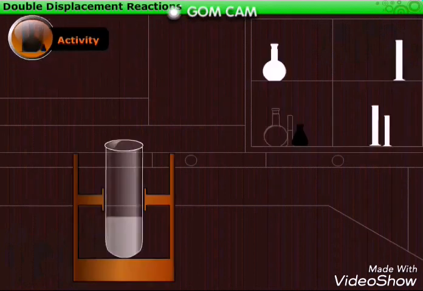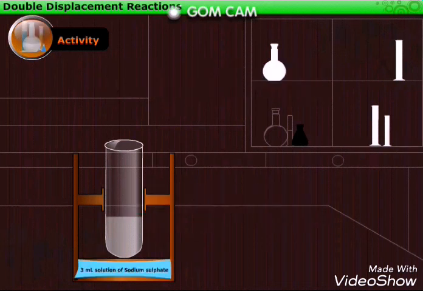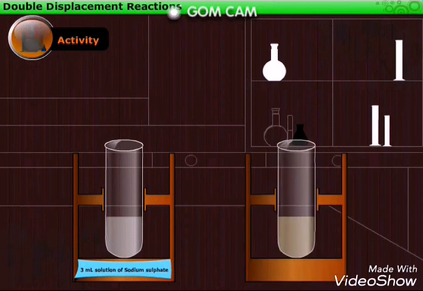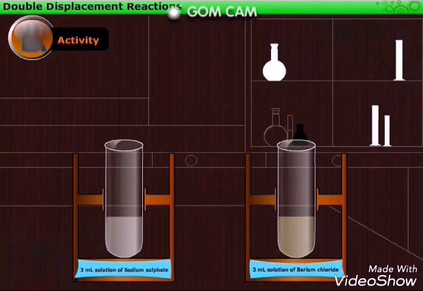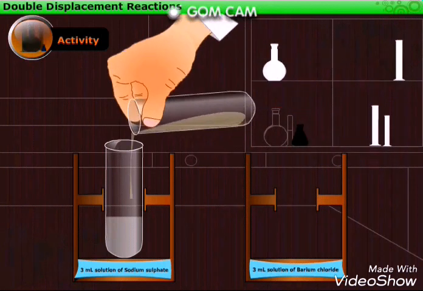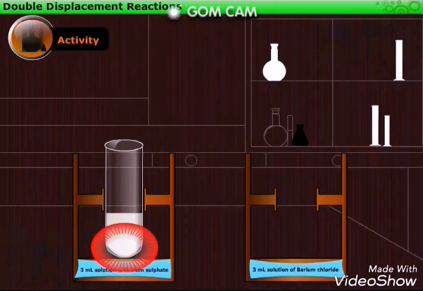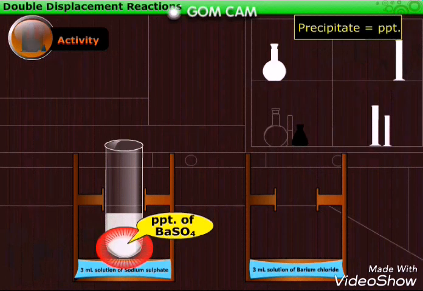First, take about 3 ml of sodium sulfate solution in a test tube. In another test tube, take about 3 ml of barium chloride solution. Now, mix the two solutions. On doing so, you will observe that a white, insoluble substance, called precipitate of barium sulfate, is formed.